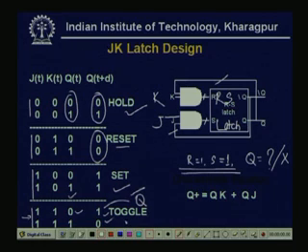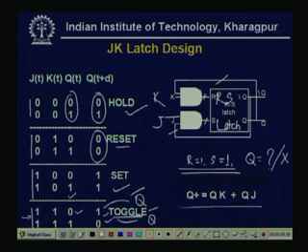Again, when it is 1, it will be 0, that means Q bar. So, we can see that this is a toggle, meaning the complement, and the characteristic equation will be Q K bar plus Q bar J.